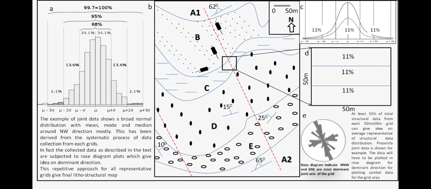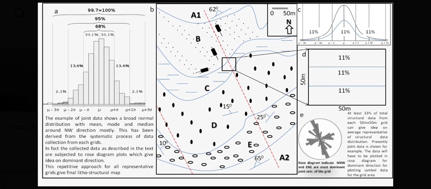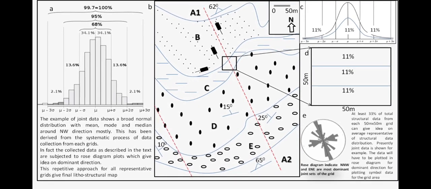From these, major trends can be considered for plotting in the map, corresponding to that particular grid. So this method can be applied for all grids, and finally a clear-cut picture and representation of structural data can be imprinted in the map.